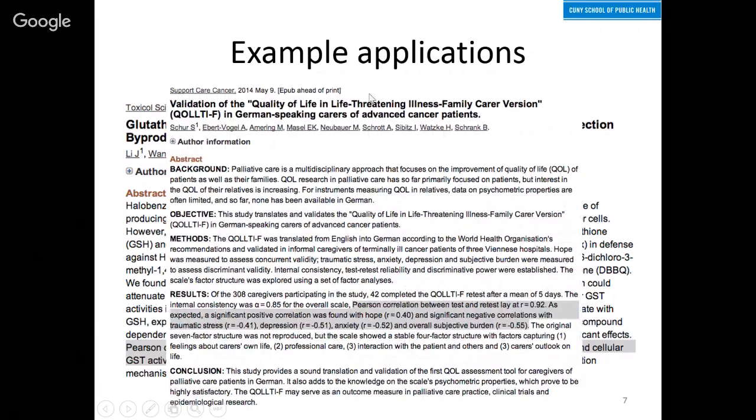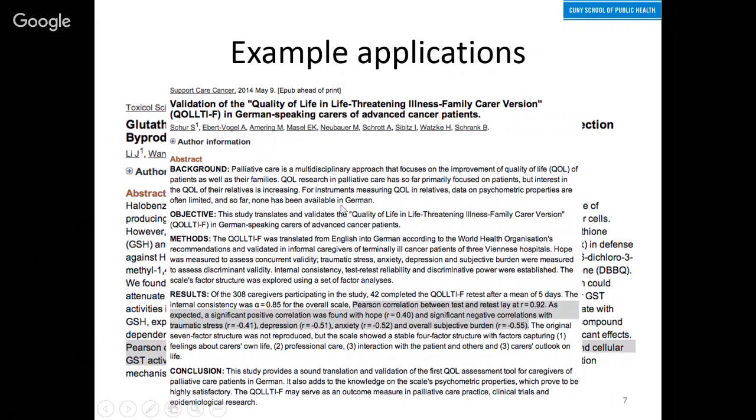Let's see, another one here: validation of the quality of life threatening illness family care aversion in German-speaking carers of advanced cancer patients. Okay, so this is some kind of a quality of life score, and validation of it for carers of cancer patients.